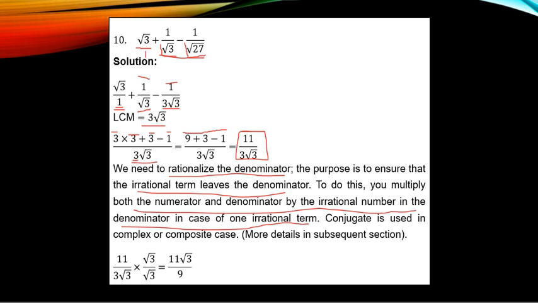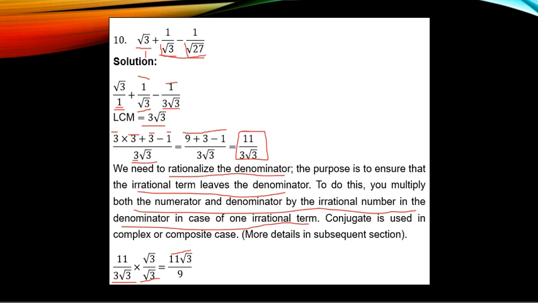So to convert this number from irrational, you multiply 11 by root 3 now. Root 3 is the irrational number in the denominator. Then you also multiply the denominator by the same root 3 now. Get that? So 11 times root 3 is 11 root 3. Now root 3 times root 3 is root 9.